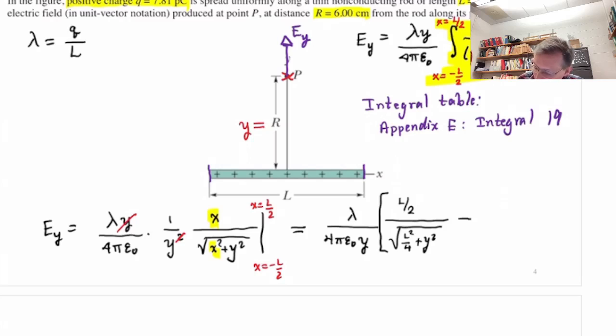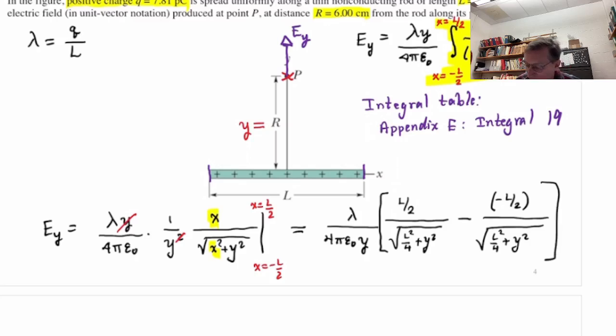Then I do minus, and I substitute x equals negative L over 2. So I have a negative L over 2 upstairs, and this expression downstairs. Look at the denominators there inside the brackets. They're the same. And notice inside in the numerator, I've got here 2 negatives multiplied together. So that goes positive.